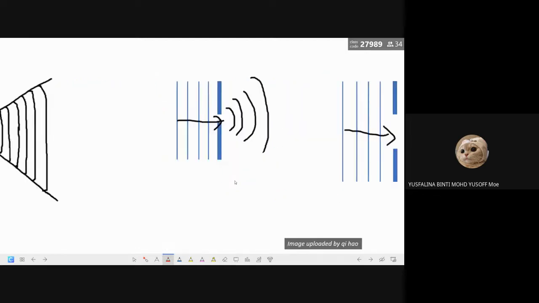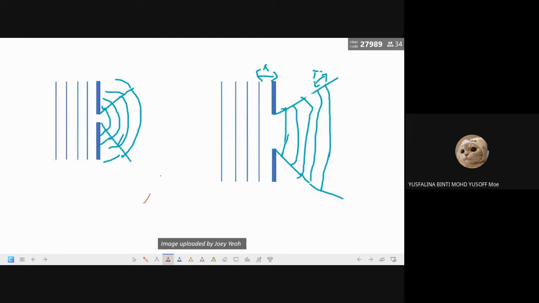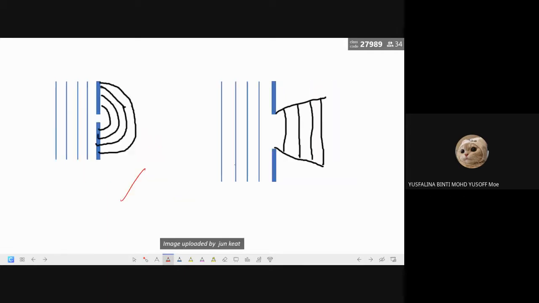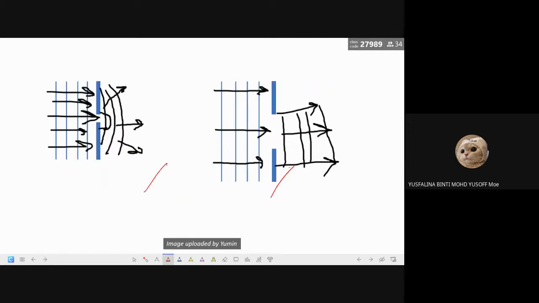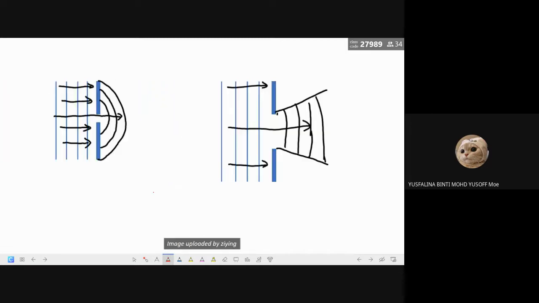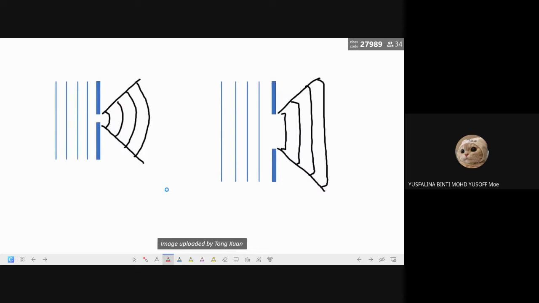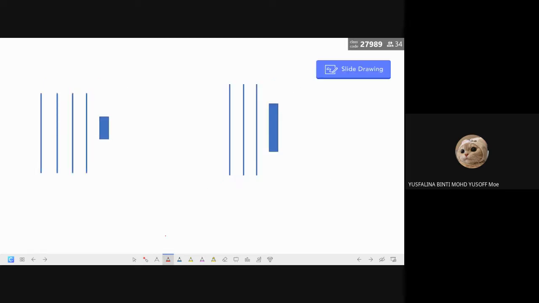Before and after have to be the same wavelength, so you can just measure. Now, what happens when we pass through the barrier or the obstacle? So you have to draw.